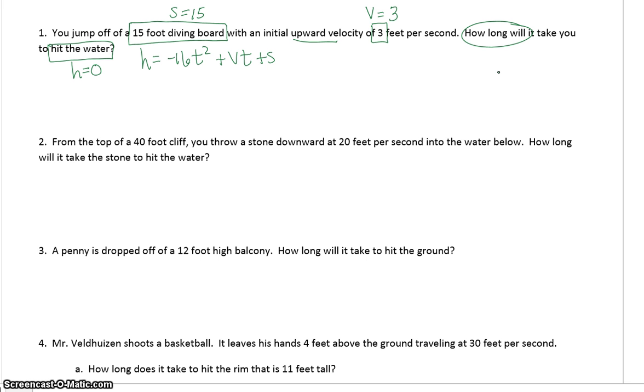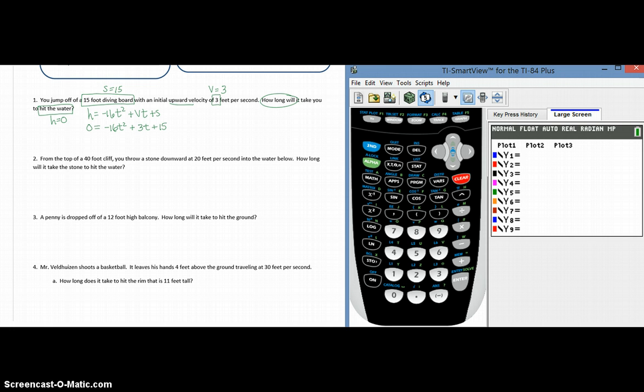So let's plug in. H is your ending height, that's 0. Negative 16t squared, remember we don't know t, plus 3t because our velocity is positive 3, and our starting height was 15. This is where we're going to use our graphing calculator.